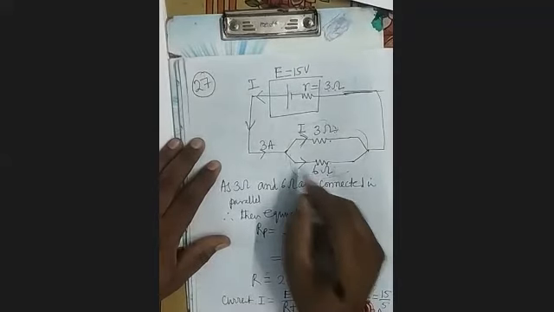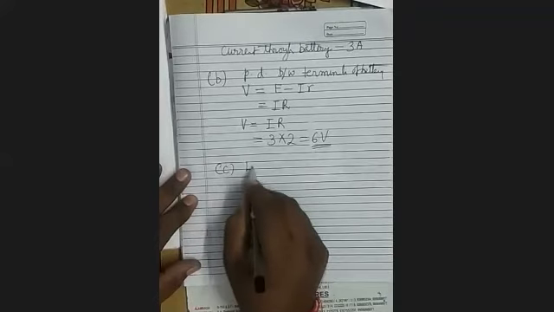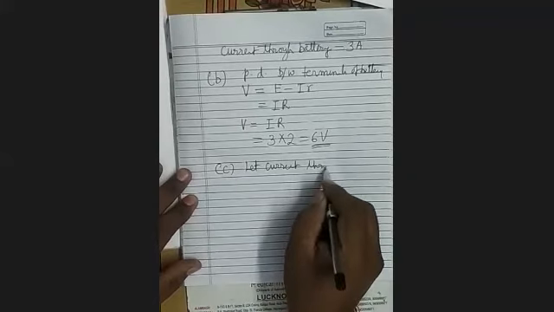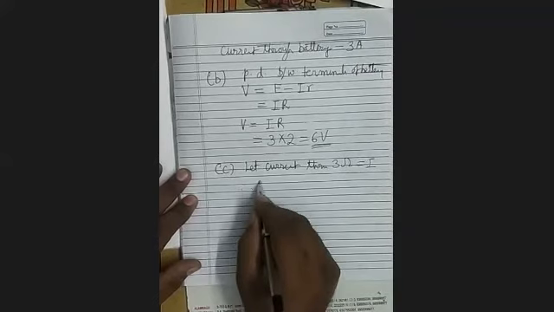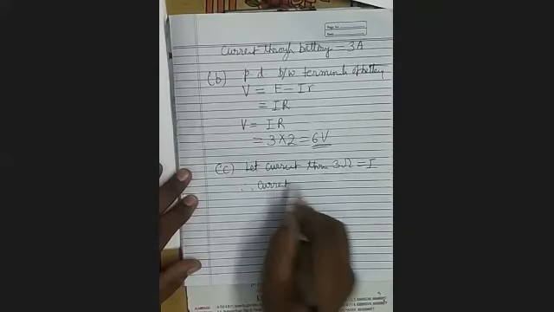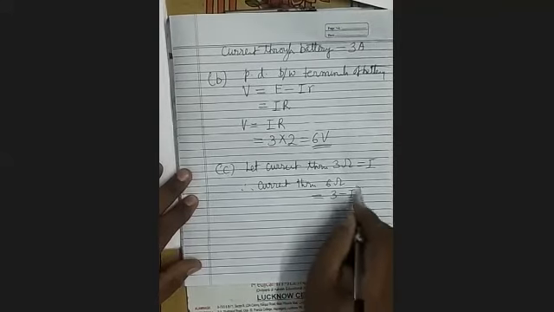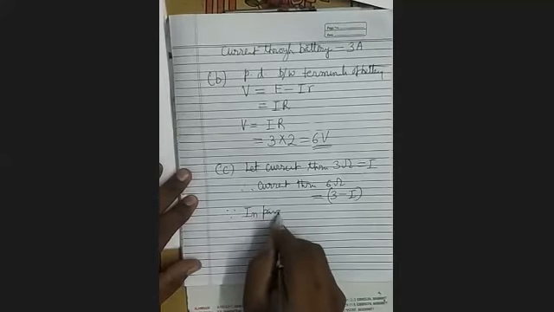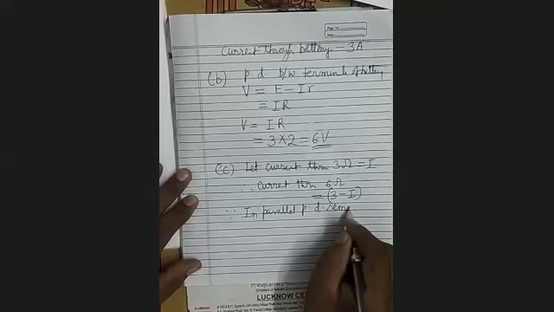So remaining will flow here, that is 3 minus I. So let current through 3 ohm equal I. Therefore, current through 6 ohm will be 3 minus I. Since in parallel, potential difference remains same.